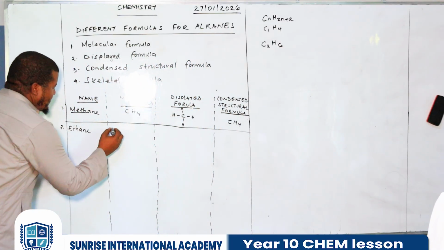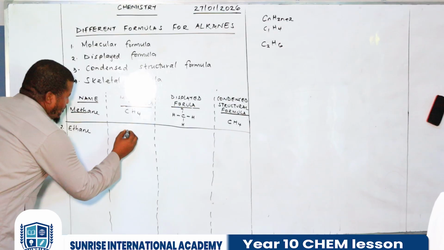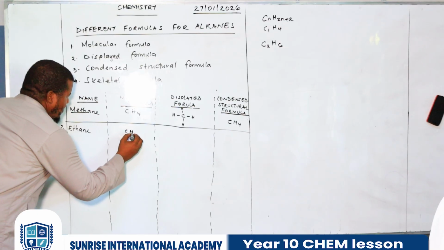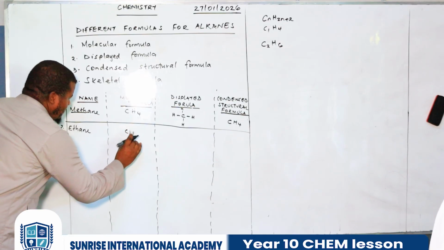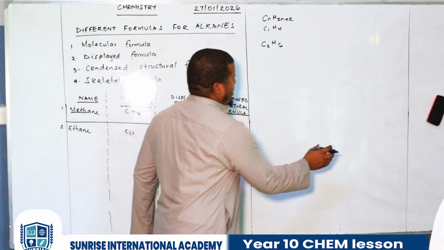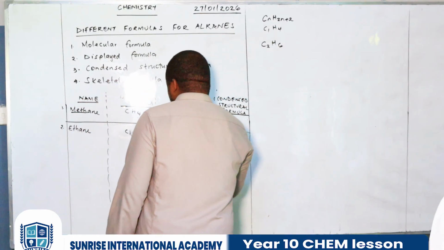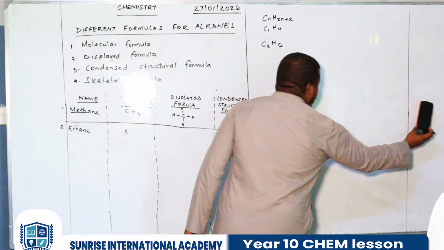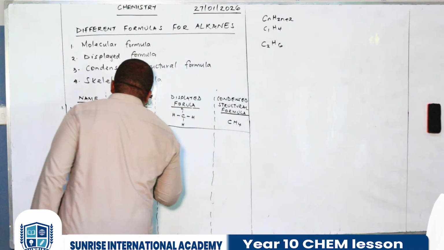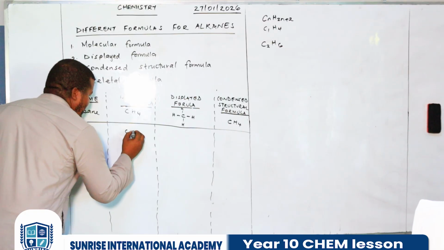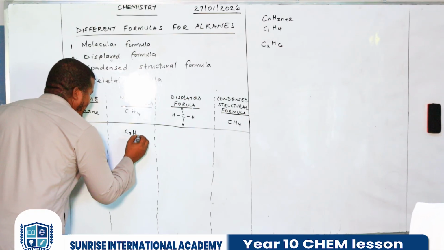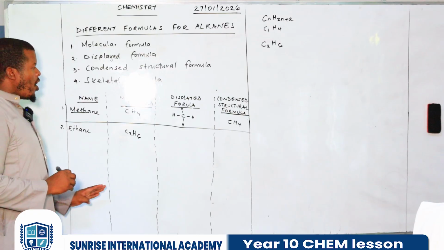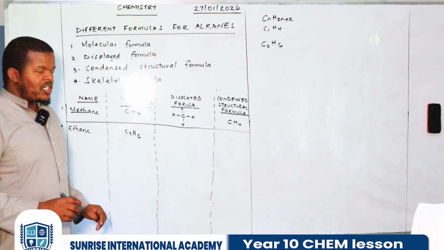So we are going to have C2H6. So, the displayed formula will look like this.